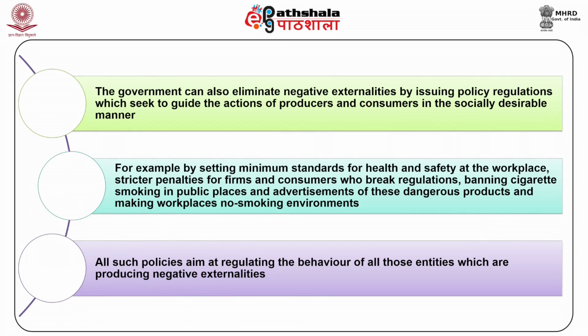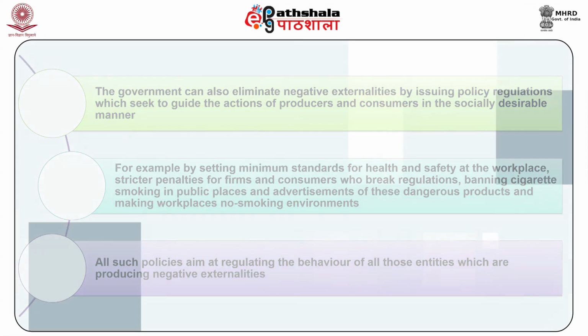For example, by setting minimum standards for health and safety at workplace, stricter penalties for firms and consumers who break regulations, banning cigarette smoking in public places, and advertisements of these dangerous products and making workplaces no smoking environments. All such policies aim at regulating the behavior of all those entities which are producing negative externalities.